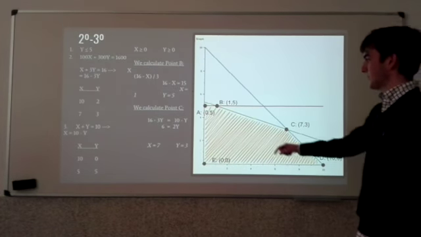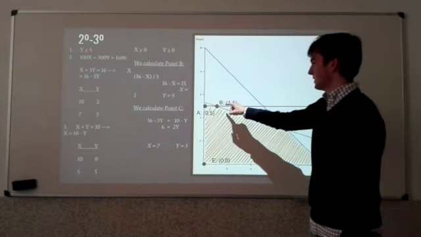Now we have to calculate point B, which is the cut between these two lines, the green one and the red one. When we solve the equation, we get these values, x equals 1 and y equals 5. So we have point B.